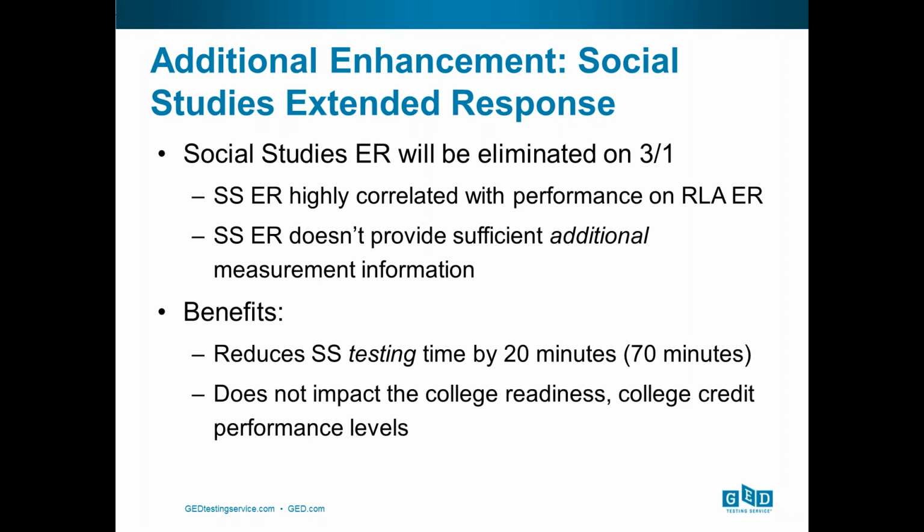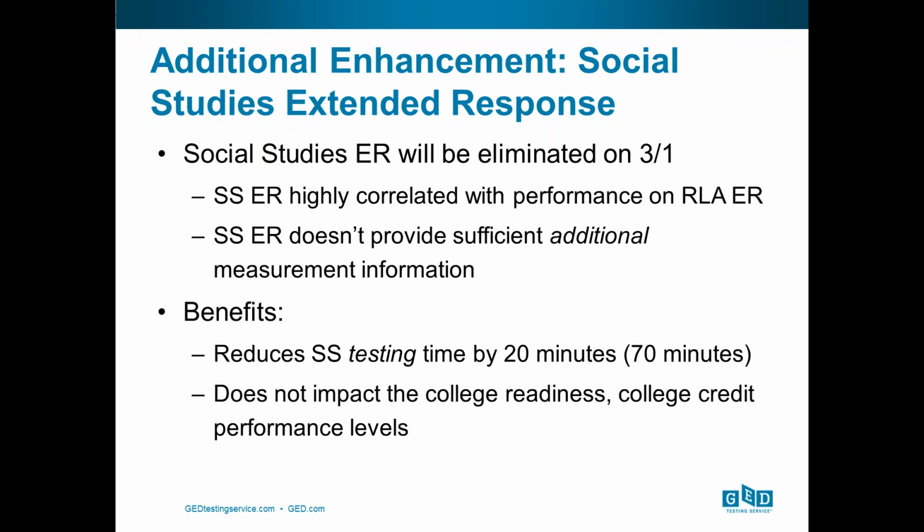First of all, probably one of the major reasons was the fact that social studies extended response was so well correlated with RLA. When we looked at the writing samples, traits 2 and 3 were exactly the same from RLA to social studies. They were measuring the same skills.